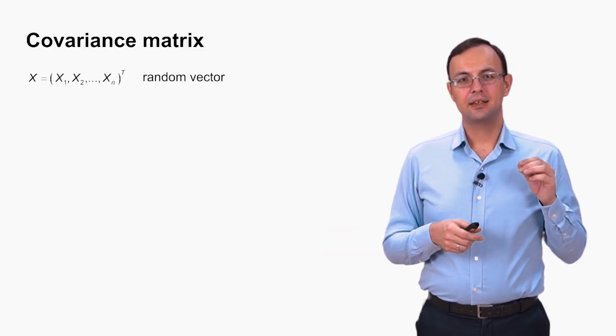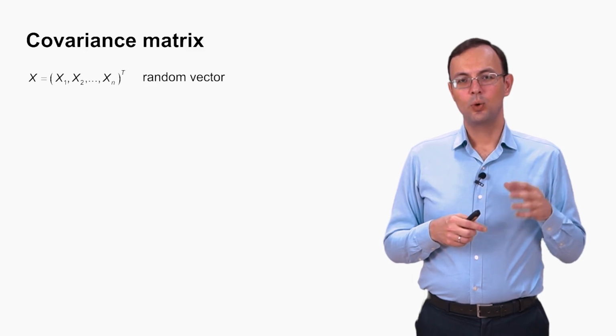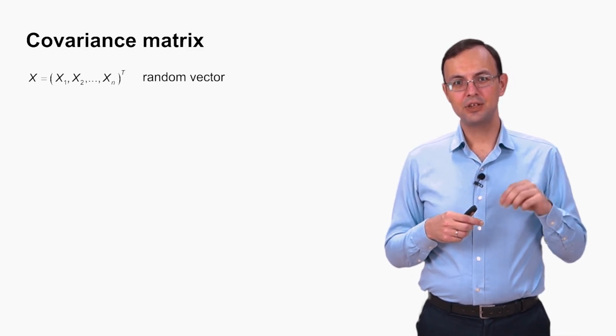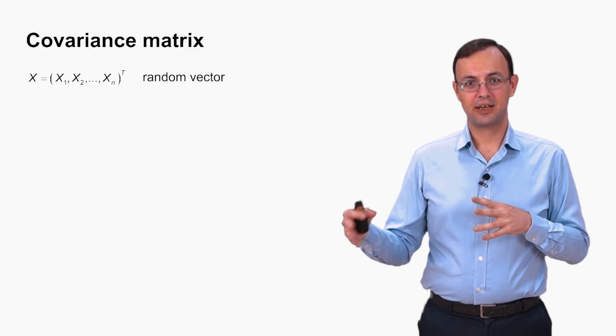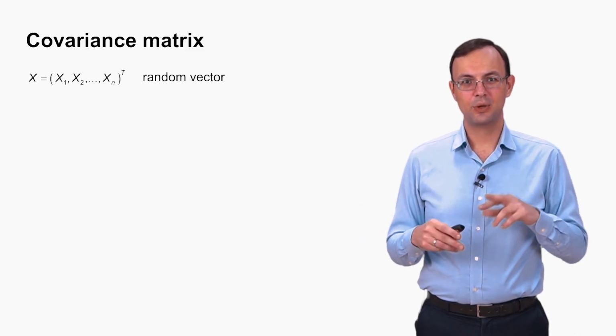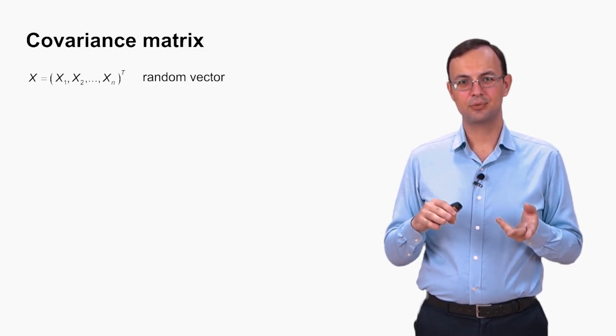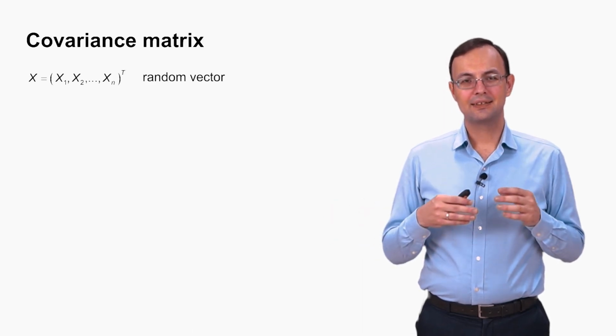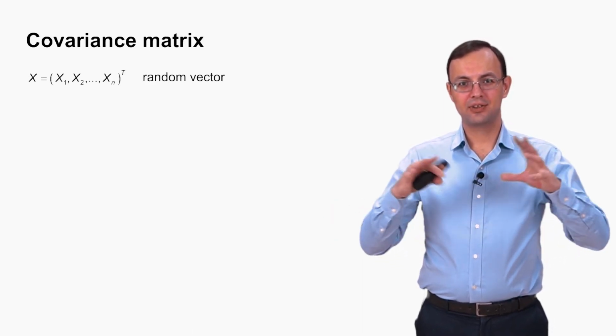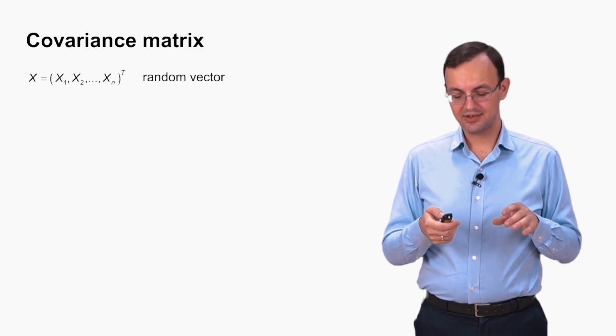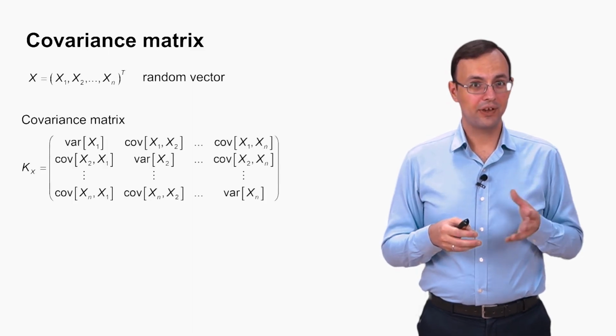And in this situation, we can define covariance for each pair of elements of this random vector. So covariance of x1 and x1, x1 and x2, x1 and x3, and so on. And then we can collect these covariances into a matrix that is called a covariance matrix.